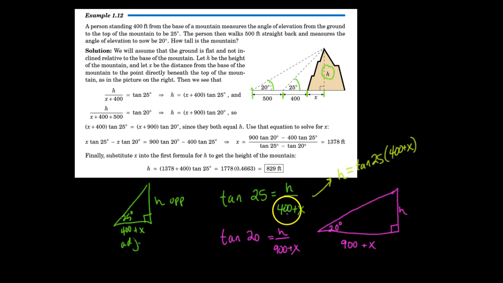I just multiplied both sides by 400 plus x. It cancels out on the bottom on the right. Now it's on the left, okay? And then on the other equation, we've got that h is equal to tangent of 20 times quantity 900 plus x.